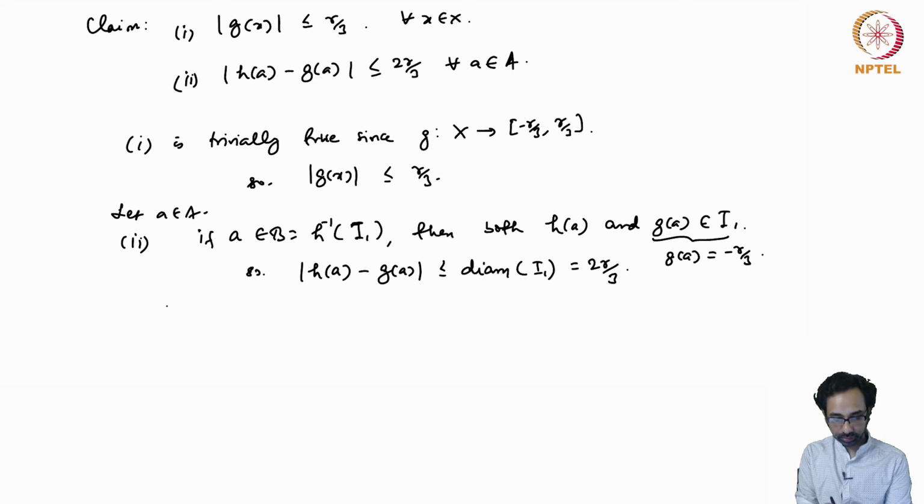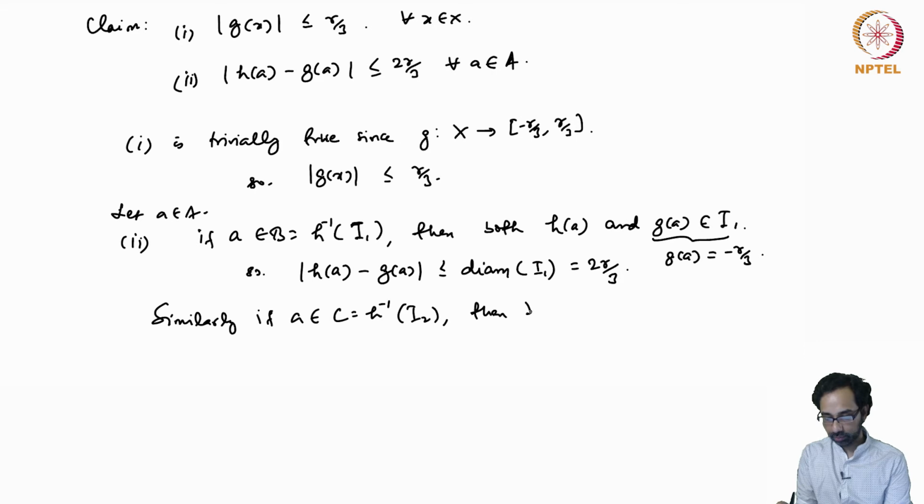And similarly if a belongs to C, which is h inverse I2, then both h(a) and g(a) belong to I3, and then h(a) minus g(a) is again less than or equal to 2r by 3.